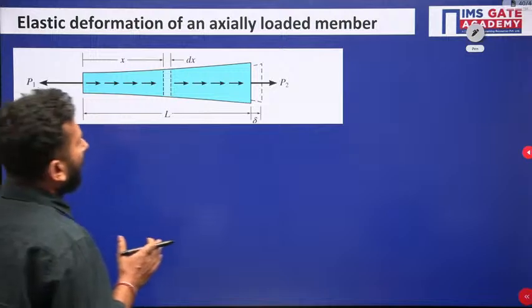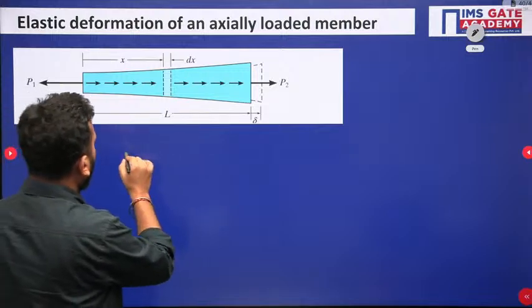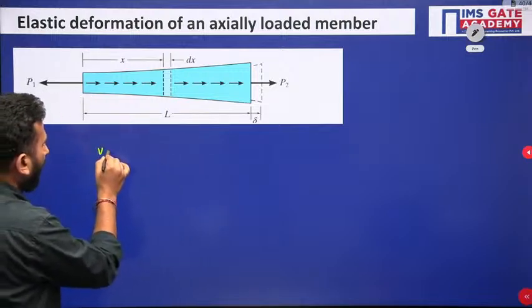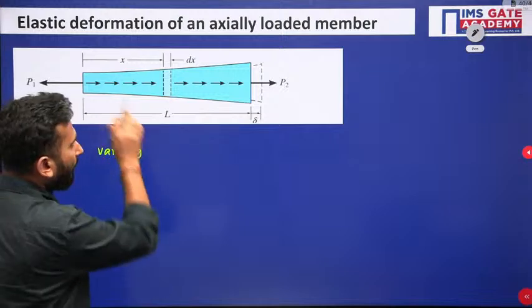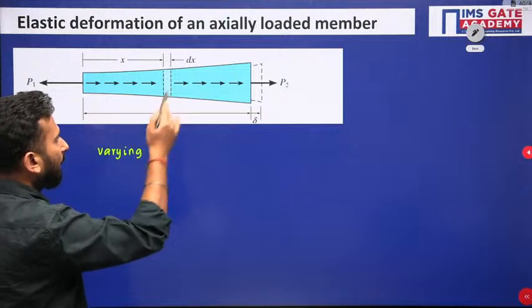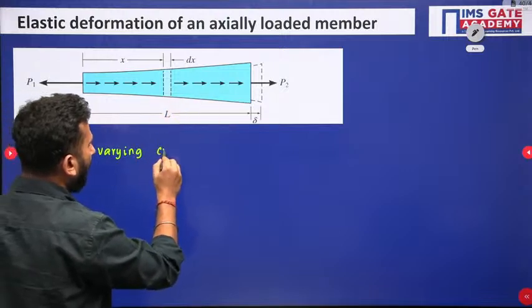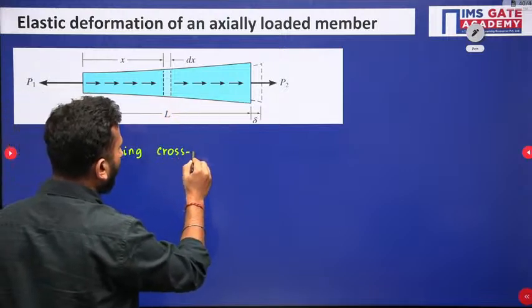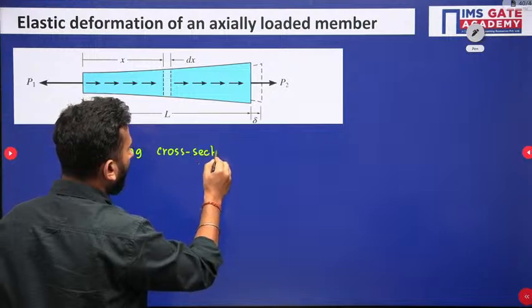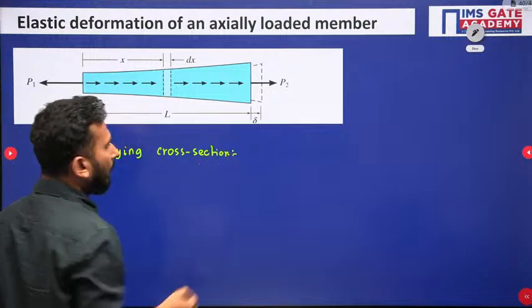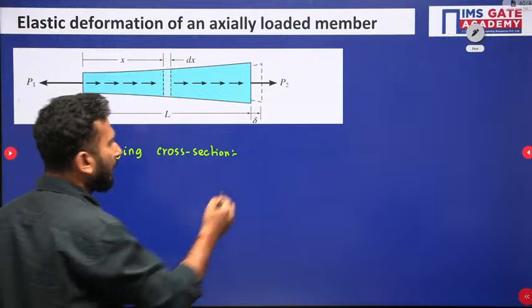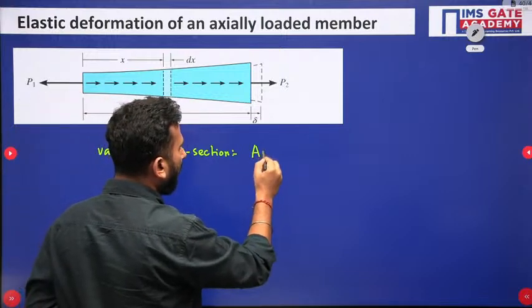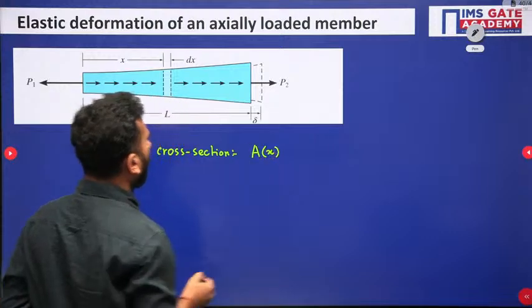So what I have taken is a varying cross section. I have taken a material whose section keeps on varying. So at every x, if the cross section is varying, I can write here A as a function of x.